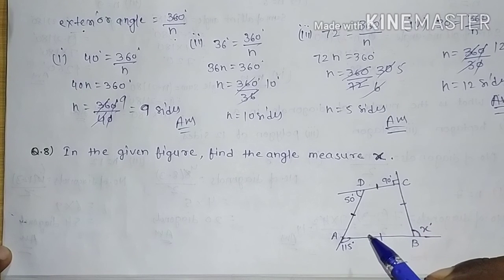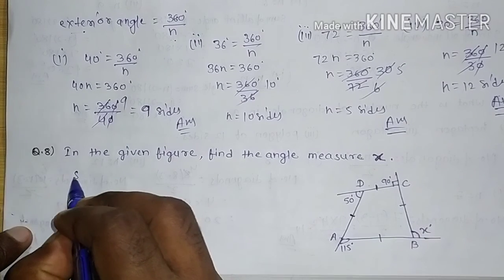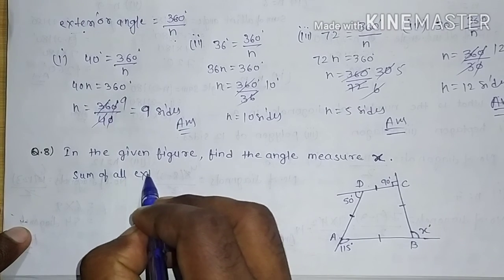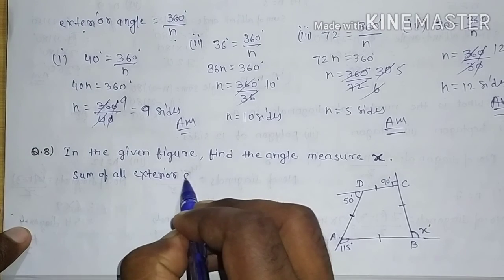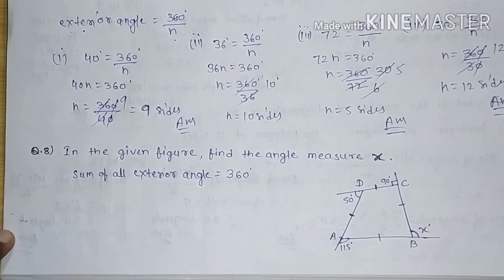Now here we have to find the value of x degrees. We know the property: the sum of all exterior angles equals 360 degrees.